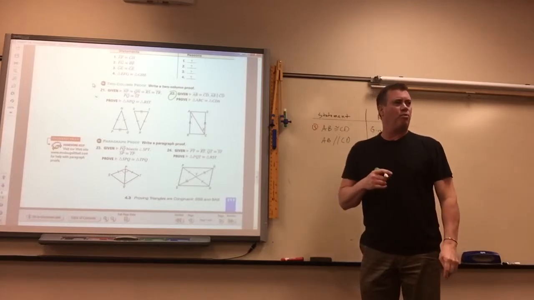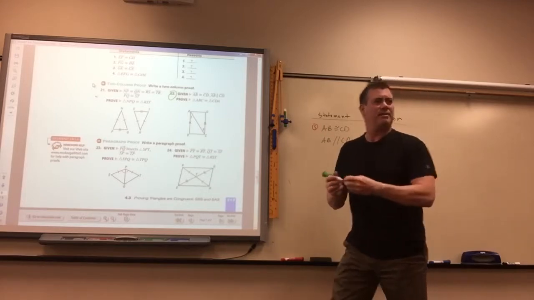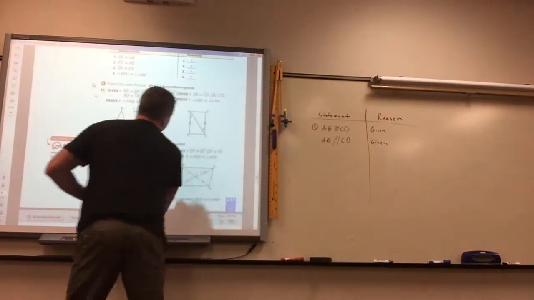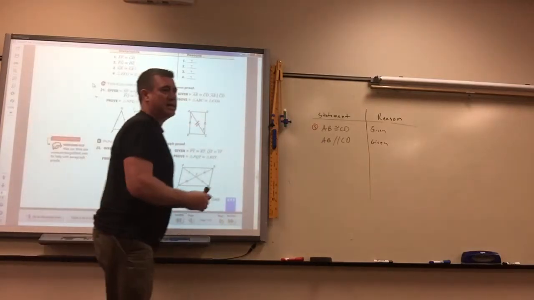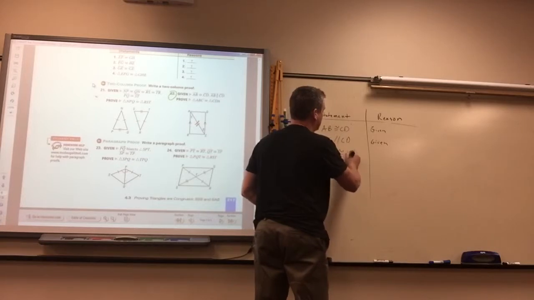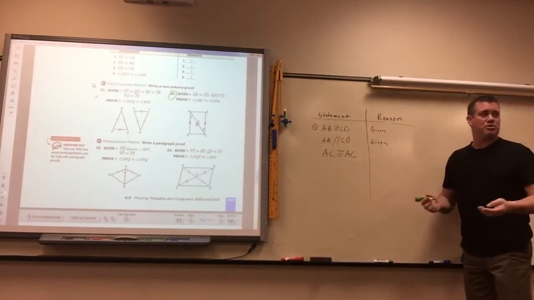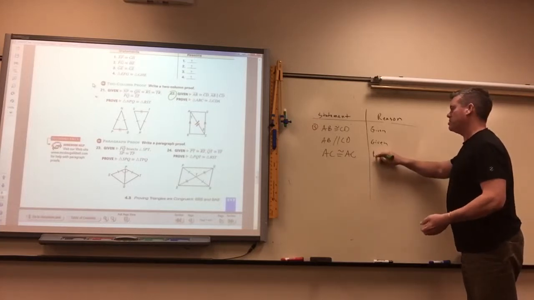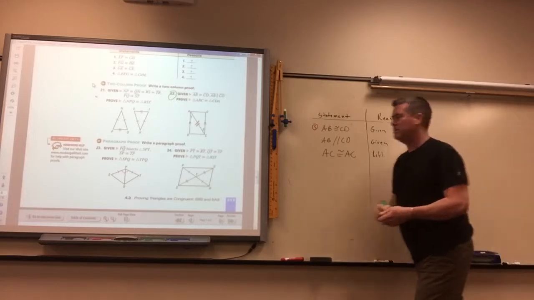It's a shared line, right? I know that this line equals itself. AC equals AC because it's a shared line. AC is congruent to AC. If you forget what the reason is, you can just put shared side, but it's reflexive. Look in the mirror, you see yourself.